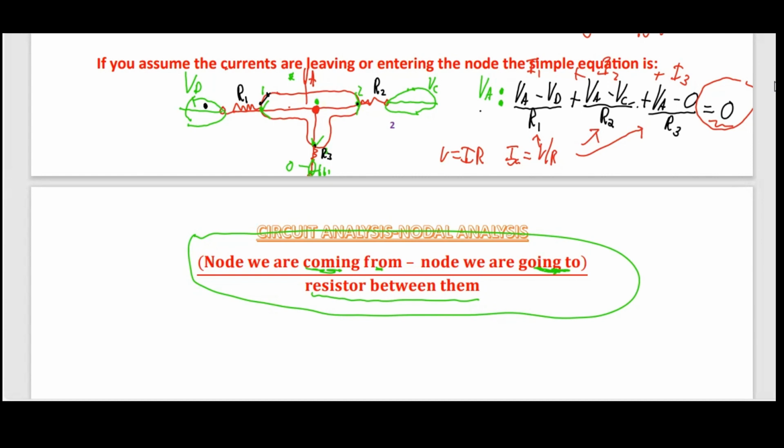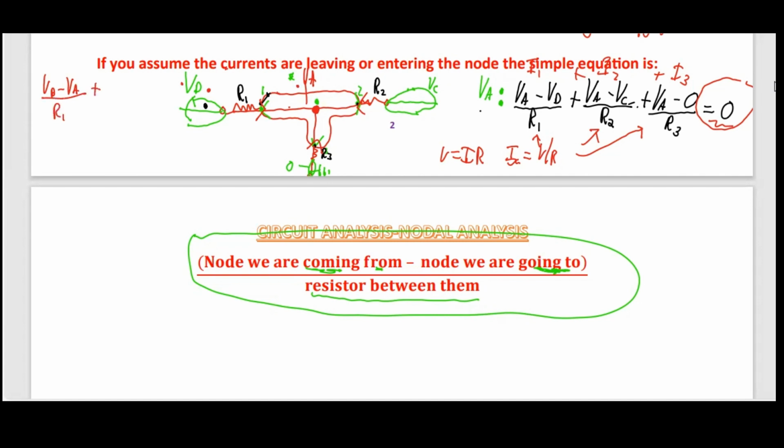If I had, let's say, switched it to going in, all that will happen is now I'm ending at VE. So doing it for the first one, the node we're coming from will now be VD. So that'll be VD subtract VE, the node we're coming from minus the node we're going to, over the resistor in between them.